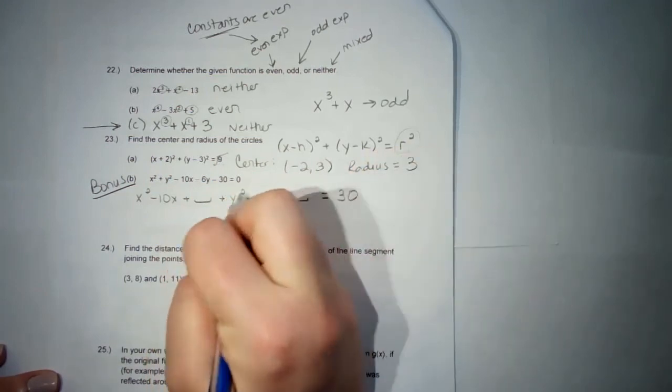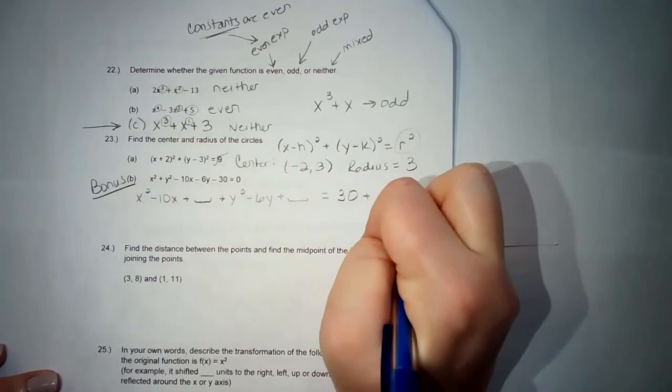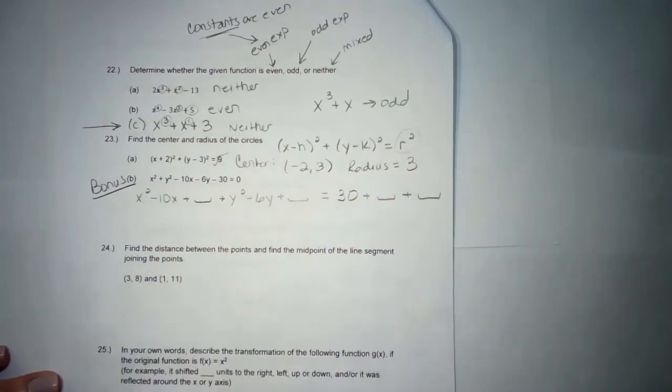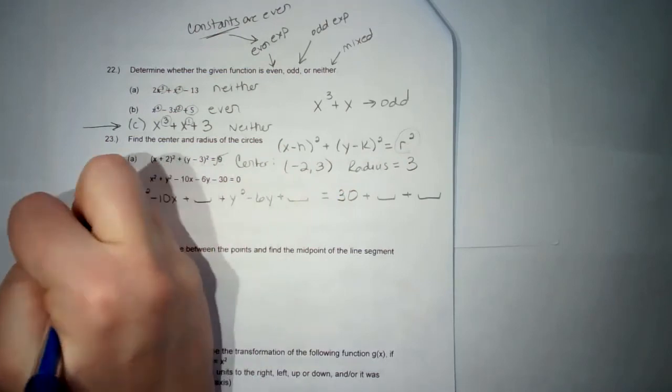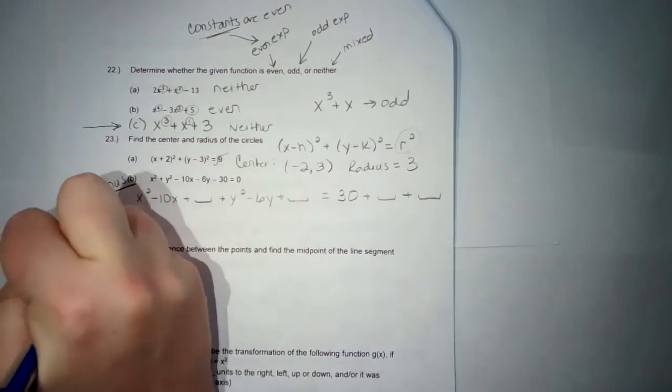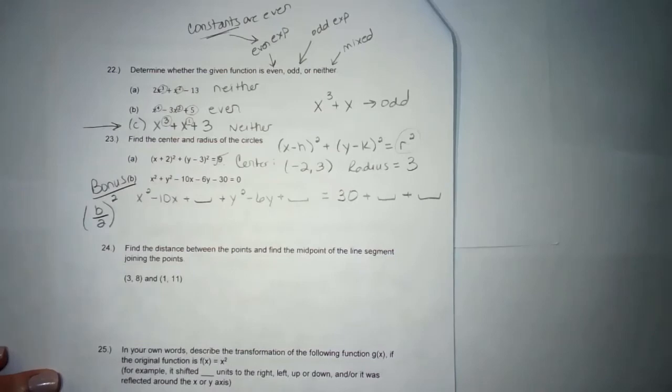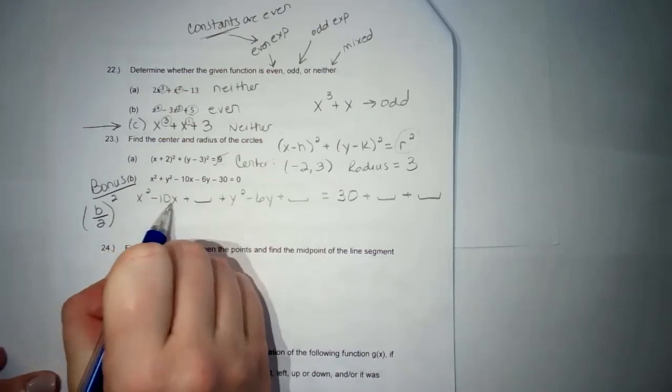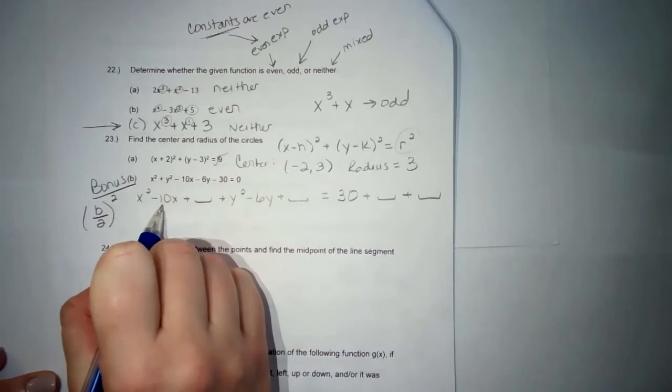Now I have 2 blanks on the left, so I better have 2 blanks on the right. Everybody okay with that? All right, what do you put in the blank? Remember, b divided by 2 squared is what goes in the blank.